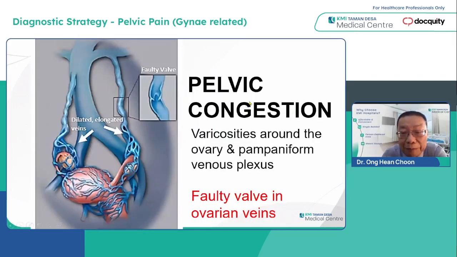Now, pelvic congestion is not that uncommon, but it is really related to the presence of varicosities around the ovary and the pampiniform venous plexus in the pelvis. Many people believe that there is a faulty valve in the ovarian veins, therefore leading to varicosities in the ovarian veins.